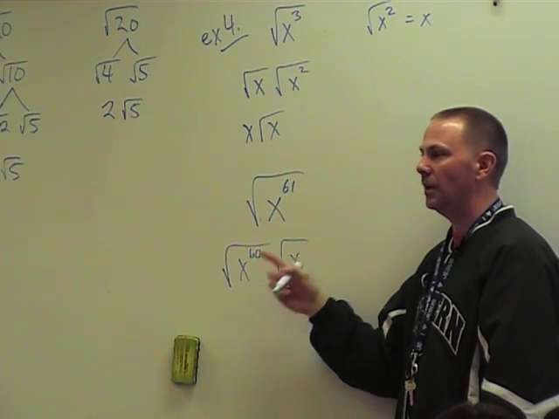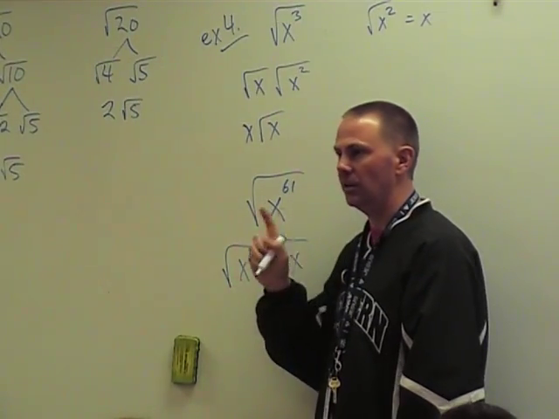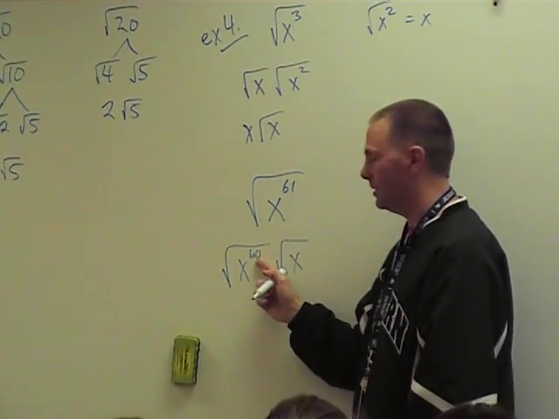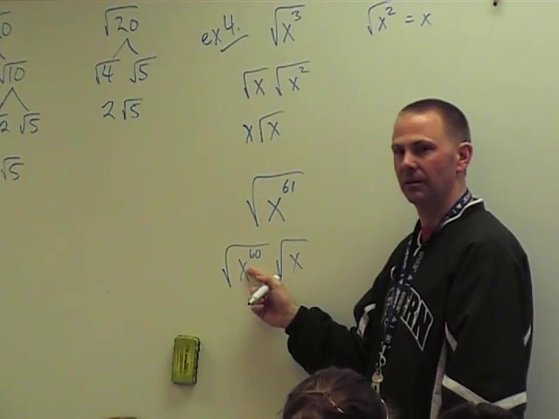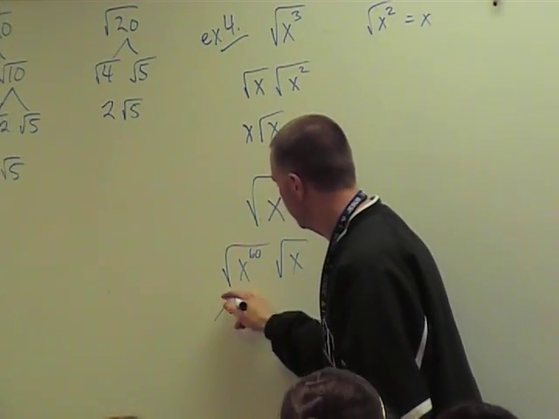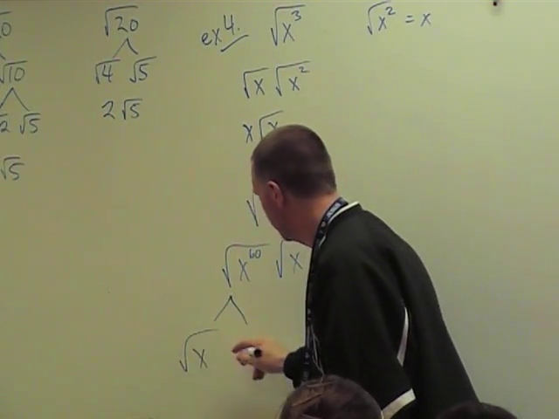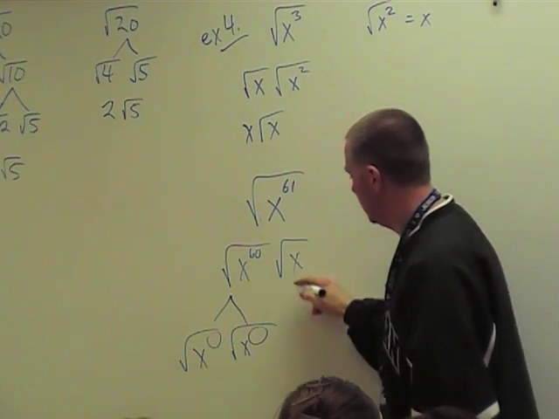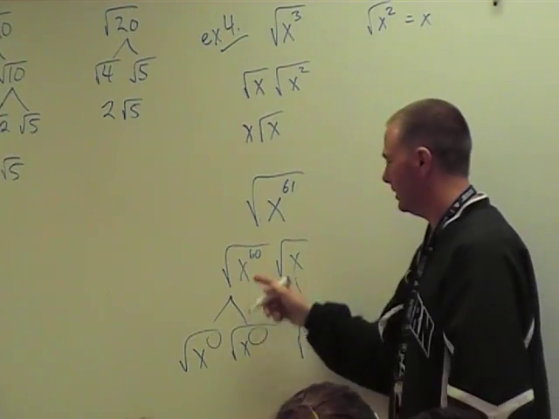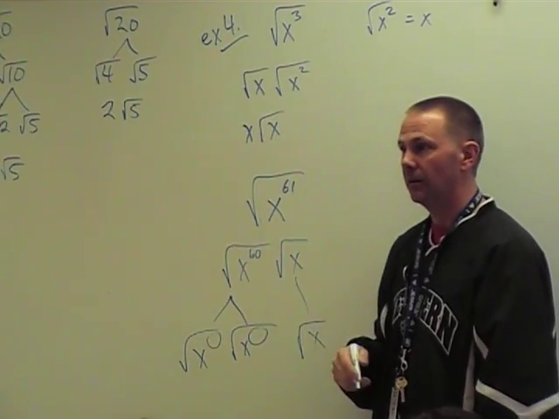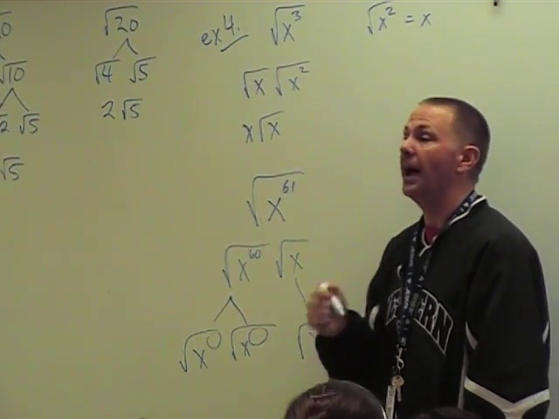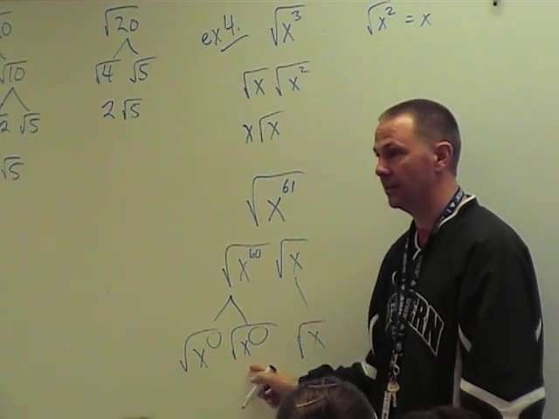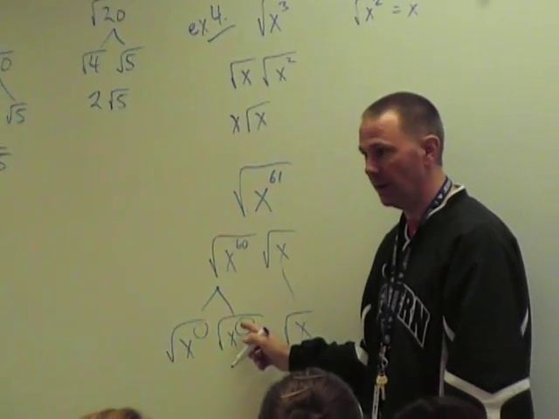No. What two x's multiplied together, what do the exponents have to be to give me 60? You add exponents when you multiply like bases. 30 and 30, right?